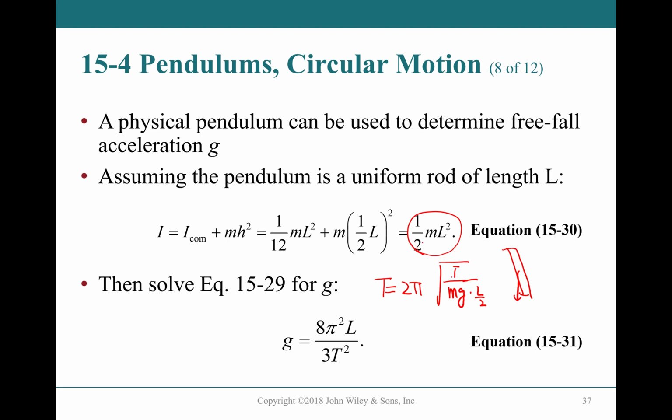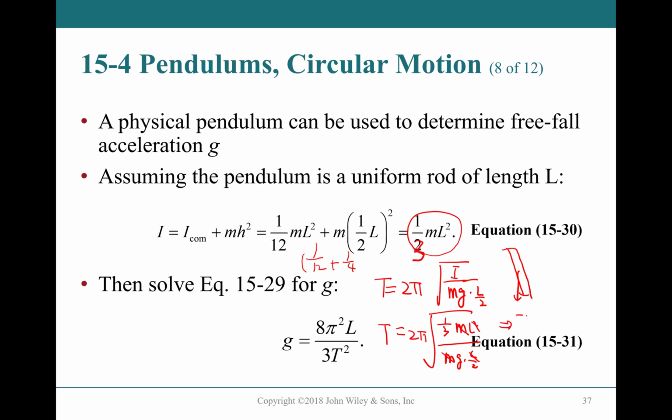Okay, this is 1 over 3. Why do you have that? Yeah, 1 over 12 plus 1 over 4, yeah, this is 1 over 3. So what we have here is 2 pi times square root of 1 over 3 mL squared over mg times L over 2. The m gets crossed out, and the L gets crossed out.